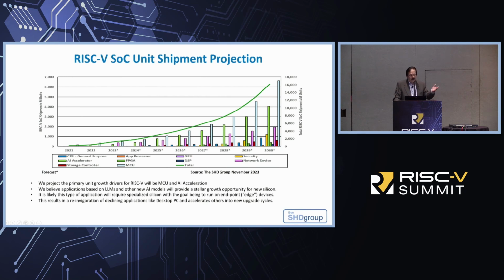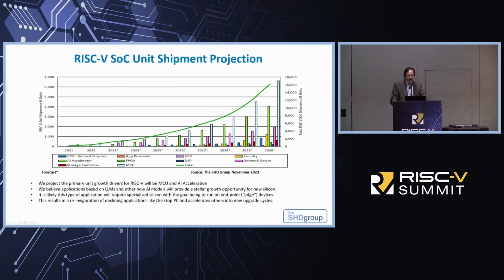So things like a general purpose CPU, an AI accelerator, a DSP, an MCU, a GPU, a discrete security part, network processor or network device, which could be wireless or wired, either way, things of that sort, to give a feel for where the growth is going to come from at a device level.